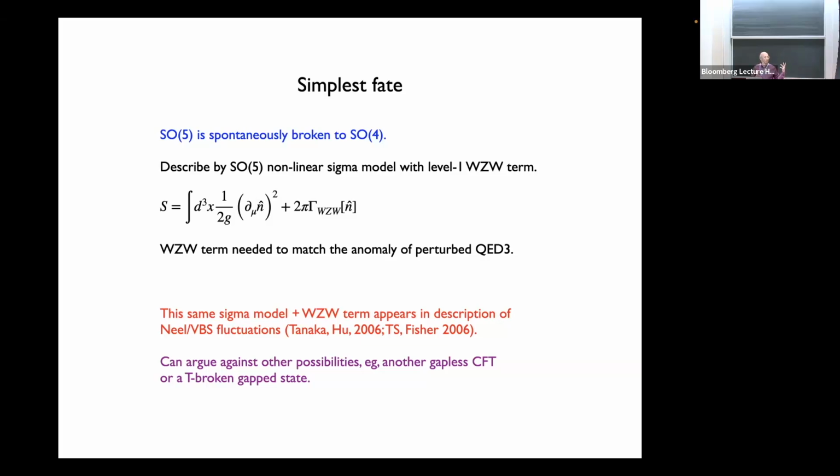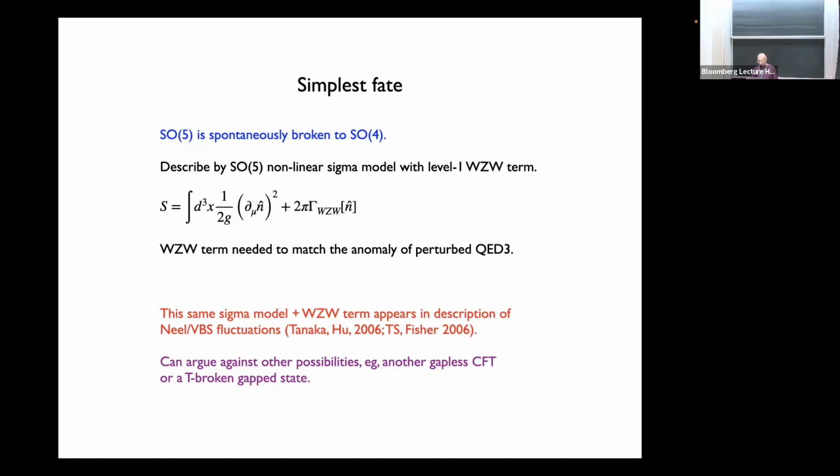This would have described a putative continuous phase transition between the Neel and VBS orders. In the numerics, it looks as though it's very weakly first order, but definitively first order. And one can also argue, at some level, against the T-broken gap state, but not rigorously.